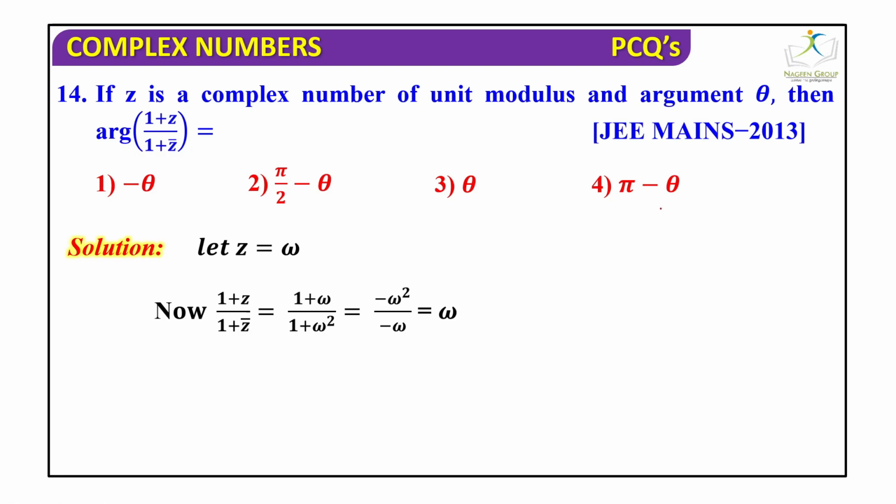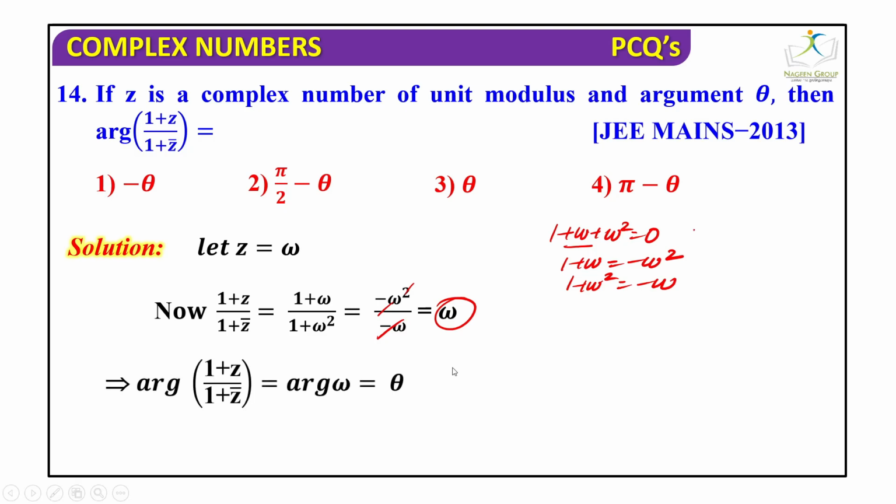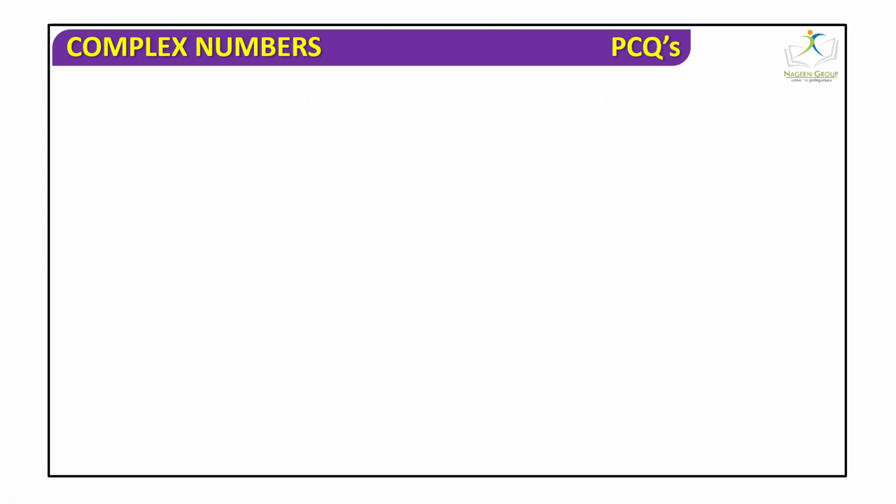Now we know 1 plus omega plus omega square equals 0. So 1 plus omega will be equal to minus omega square, and 1 plus omega square will be equal to minus omega. From this, cancel out and the value will be equal to omega. Now the argument of this will be the argument of omega, which is equal to theta, right? Means the answer will be theta.